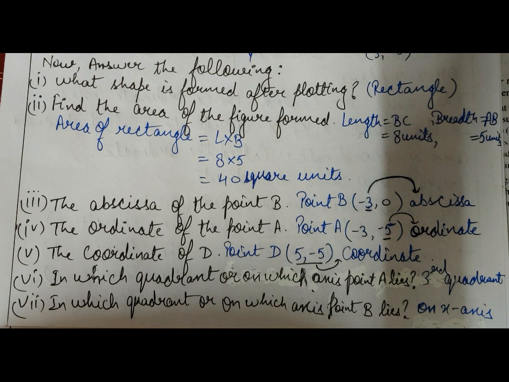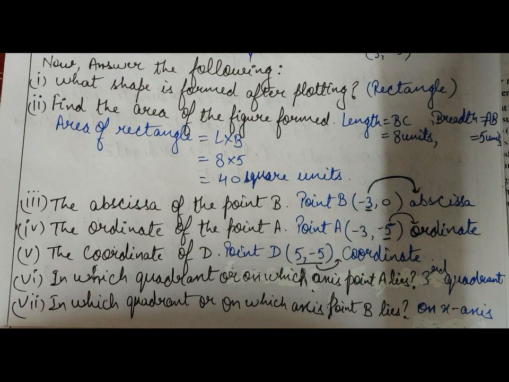Length is BC, whose value is 8 units. Similarly, breadth is AB, whose value is 5 units. The formula for the area of a rectangle is length into breadth. Putting our values from the graph in this formula, we get the answer as 40 square units.